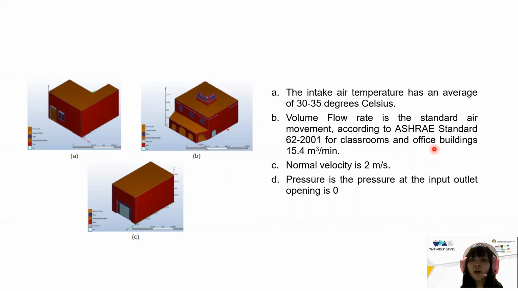For classroom and office it is the same. It is 15.4 meters per minute, the normal velocity is 2 meters per second, and the pressure is 0, for the outlet.